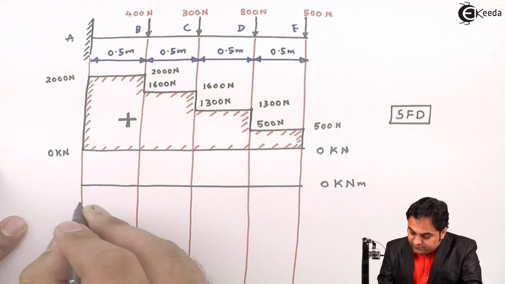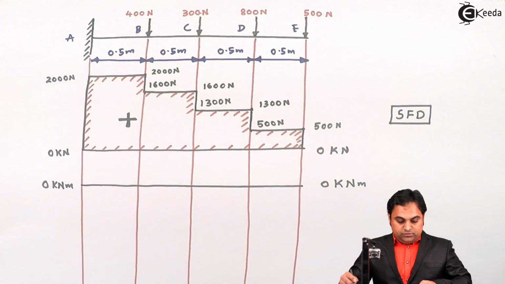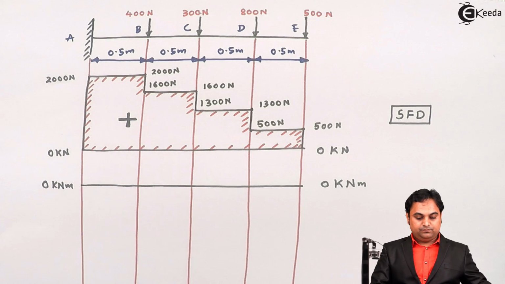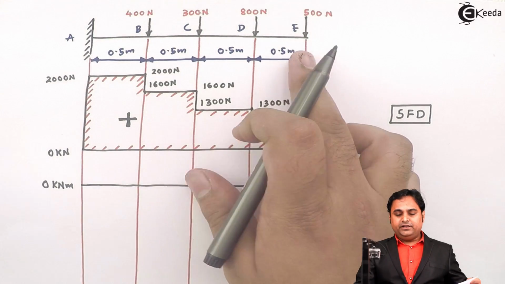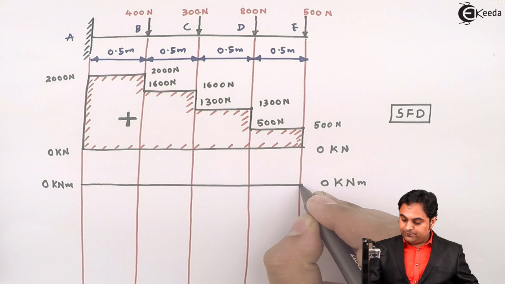This is zero line, 0 Newton meter. Next, if we start the bending moment here, bending moment at point E it was 0, so at E it is 0 value.